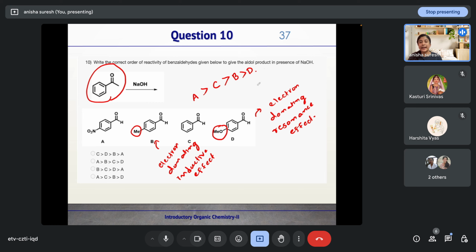So this will be the right order of reactivity of these benzaldehydes. Is this clear? This is electron withdrawing resonance and inductive effect.